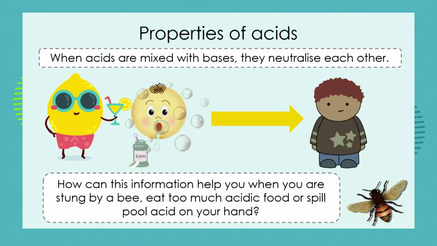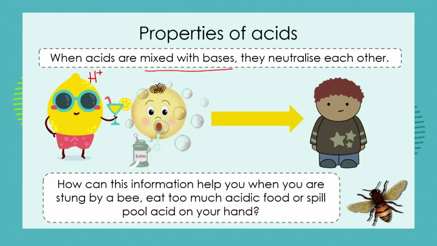Now, another property, apart from the sour taste and the corrosiveness, is that when acids are mixed with bases, they neutralize each other. So remember, we said that acids have high concentrations of hydrogen ions and bases have high concentrations of hydroxide ions.